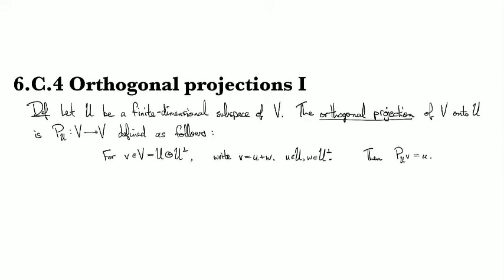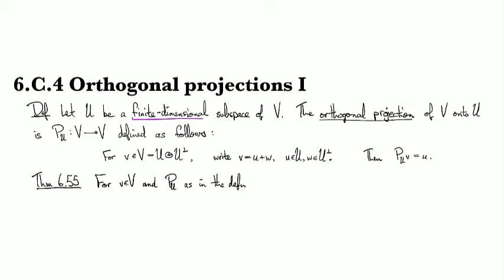Okay, so this operator has a number of properties which are very useful. These are codified in theorem 6.55. So for a vector v in V and the projection onto U operator as in the definition, it's worth pointing out that anytime we talk about a projection operator, we're assuming that we're projecting onto a finite dimensional subspace.